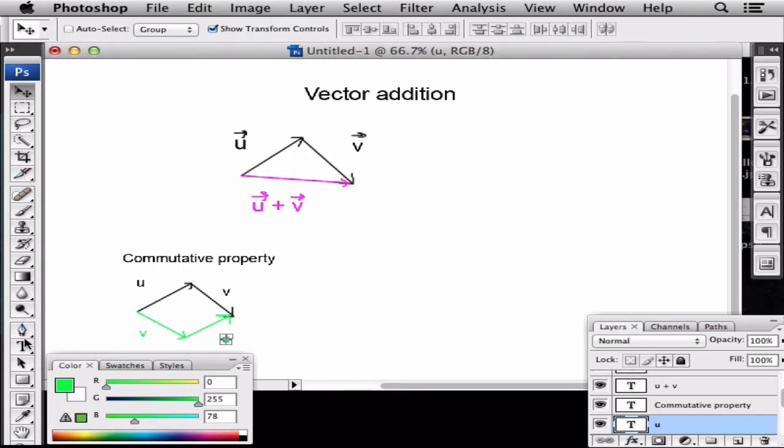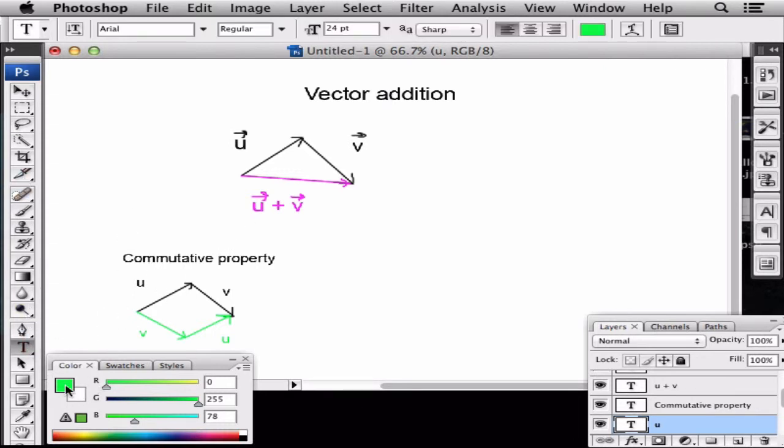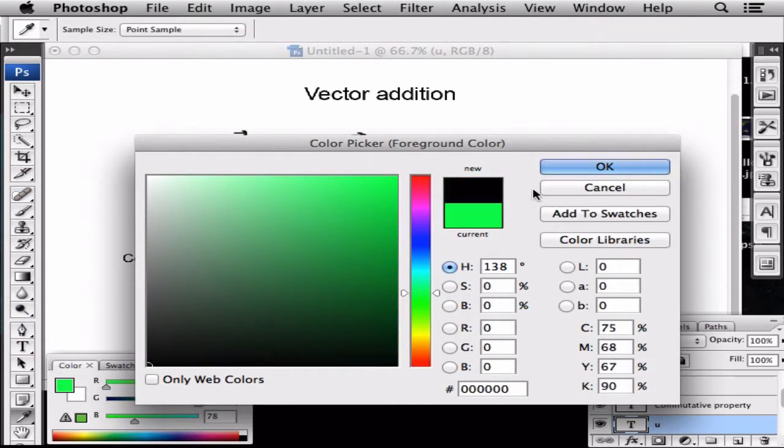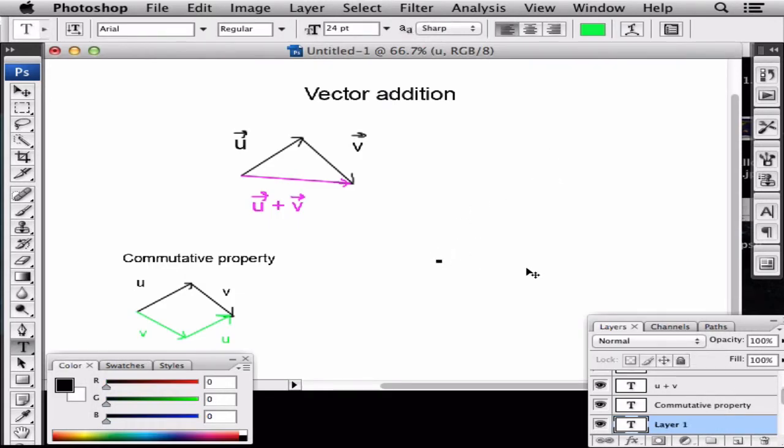The other one is the associative property. It's slightly less intuitive, but it's equally important.